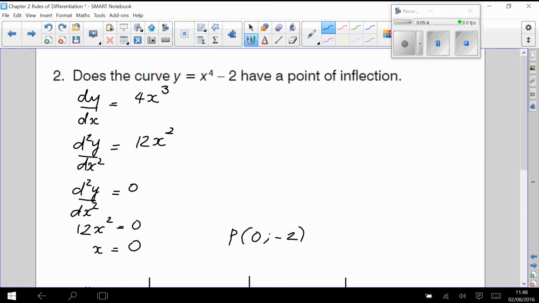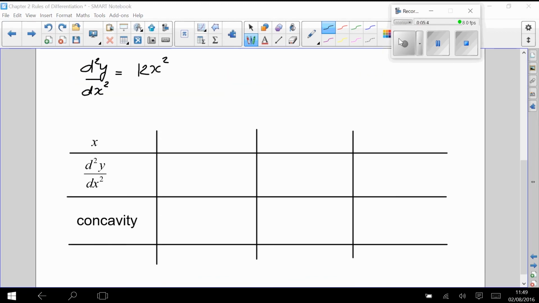But let's now focus on the 0. Filling in our value for x in the middle of the table, the x value that I found for the second derivative was 0. Now I'm going to choose a value for x to the left and to the right of 0. Well, an easy number to choose would be minus 1 on the left or 1 on the right.